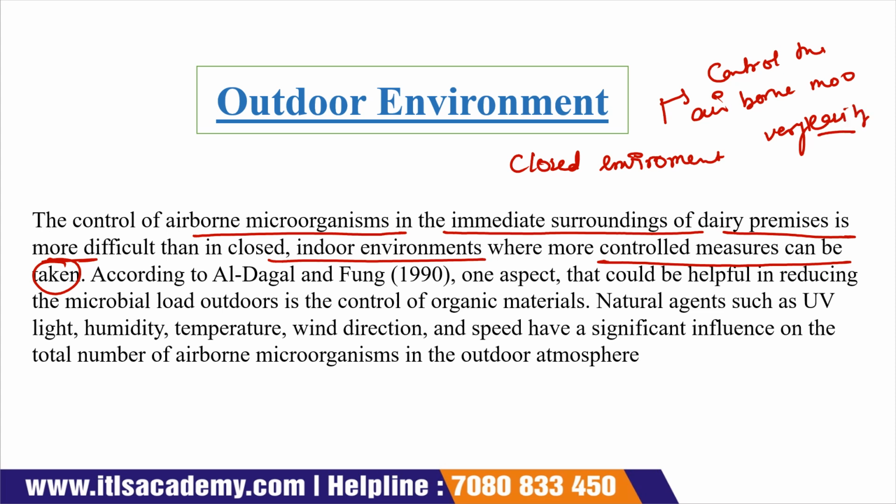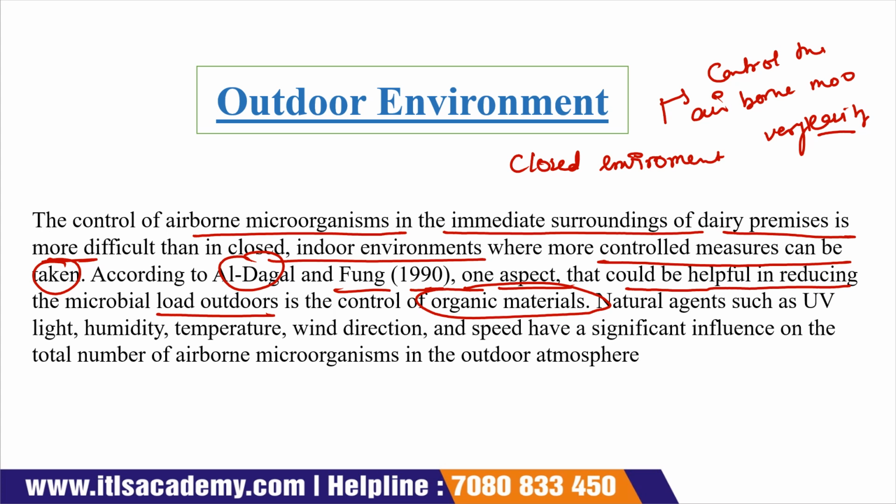Now according to Al-Dagal and Fung 1990, one aspect that could be helpful in reducing the microbial load outdoors is the control of the organic material. When we control the organic material, then ultimately we control the microbial load in the outdoor environment.